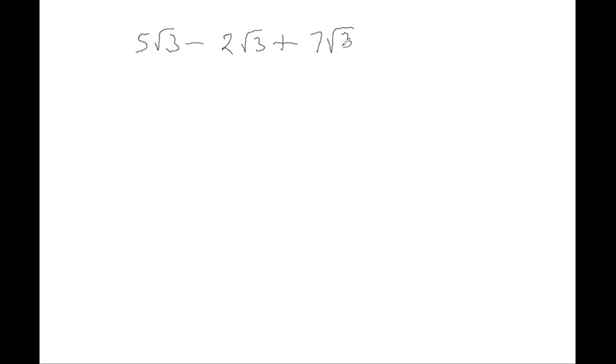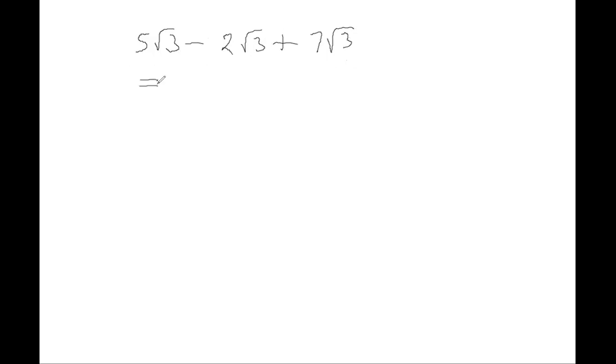Students, you see, all these are root 3. So all three numbers are like numbers, because everywhere there is square root 3. So now we can add and subtract very well. All right.